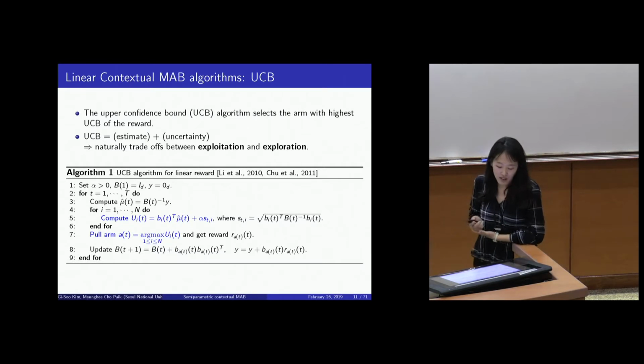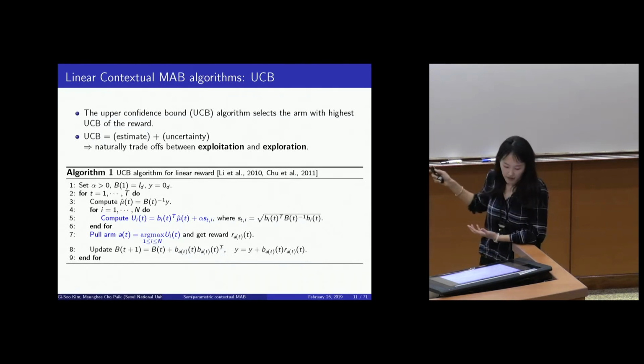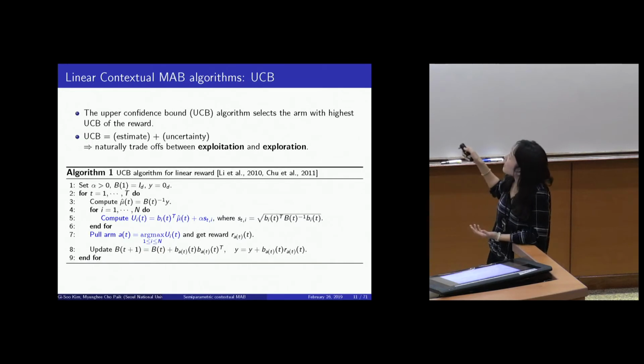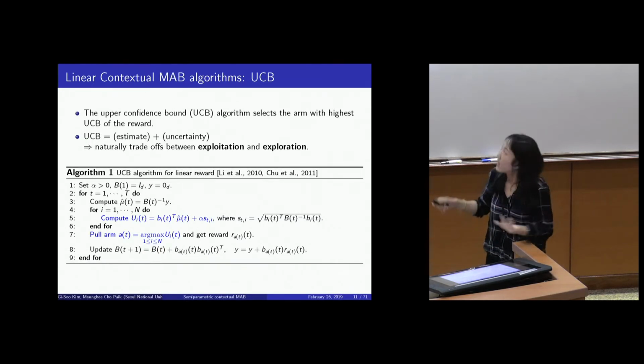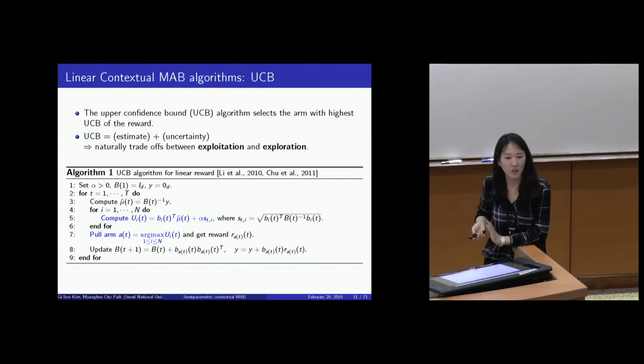As for the estimator mu hat, a simple linear regression estimate is used, which is computed using the pairs of observed context and observed rewards. But at the beginning, since there are zero observations, the matrix B_t is set as the identity matrix. And we know that this is like doing L2 regularization.